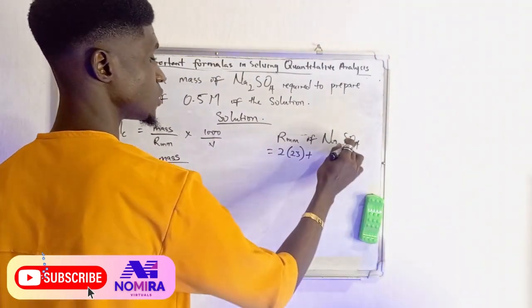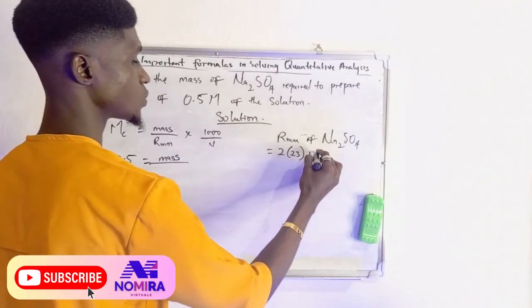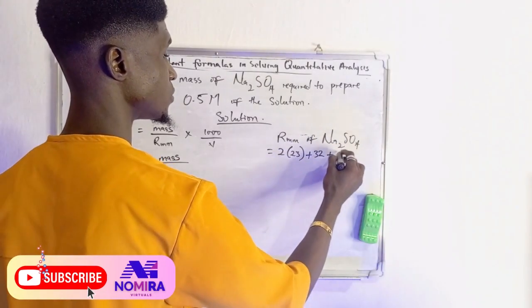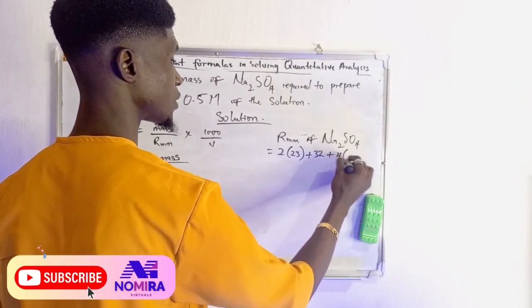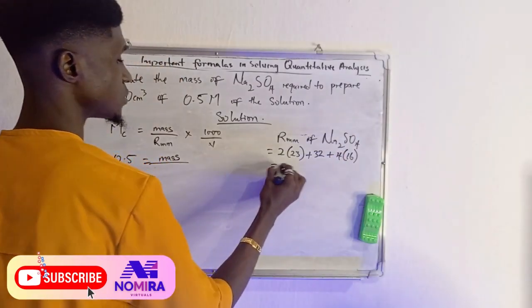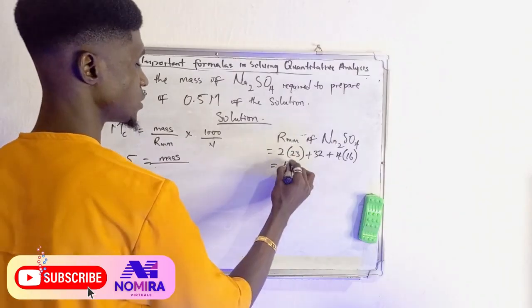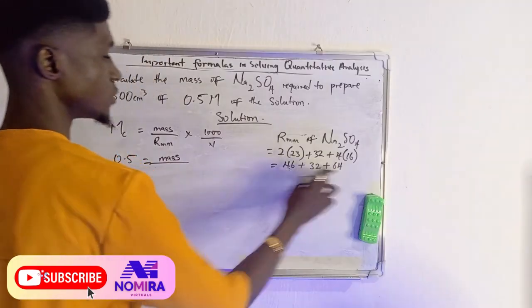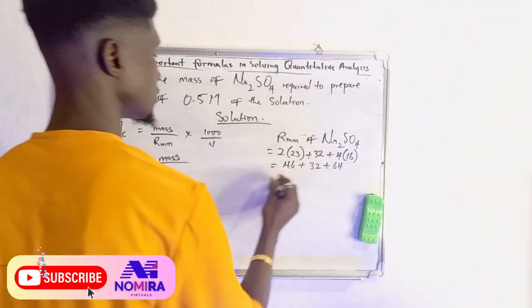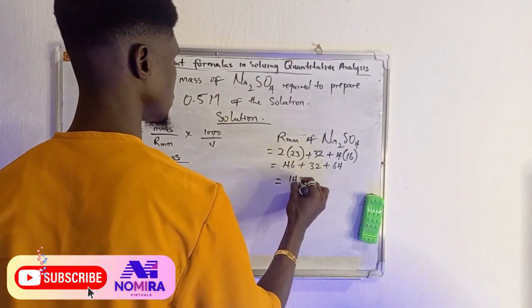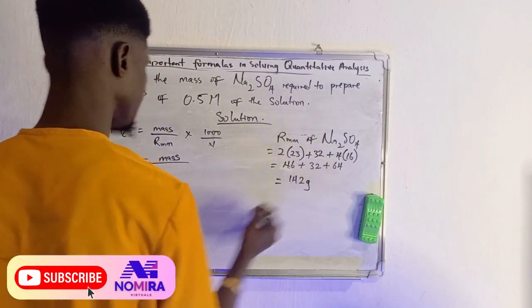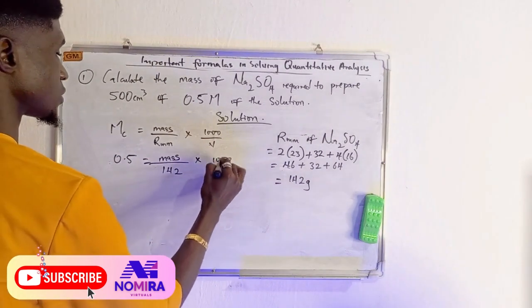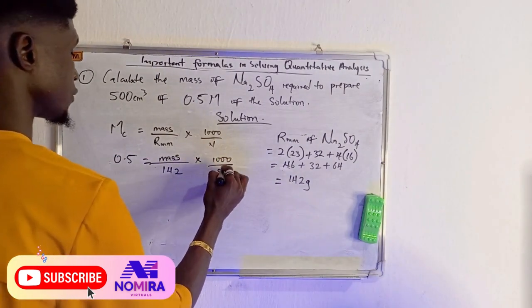Sodium is 23, but it has 2, so 2 will multiply that 23, right? Plus the relative atomic mass of sulfur, which is 32, plus the relative atomic mass of oxygen, which is 16, but oxygen has 4, so we have 4 times 16. This is 46 plus 32 plus 64. This is 110. So this is 142 gram. 142 times 1000 over 500.